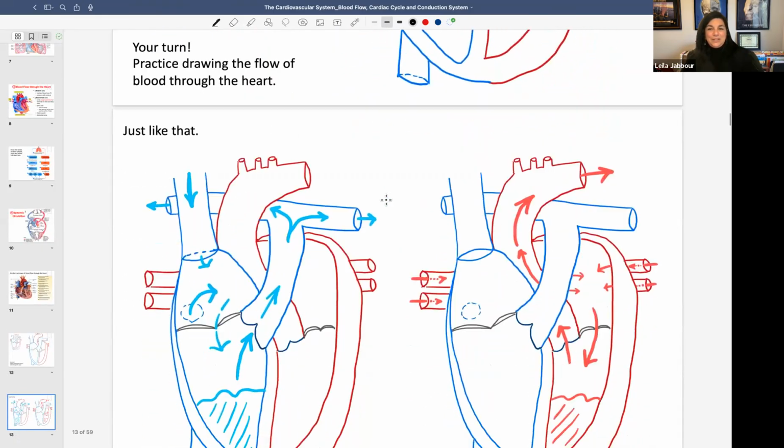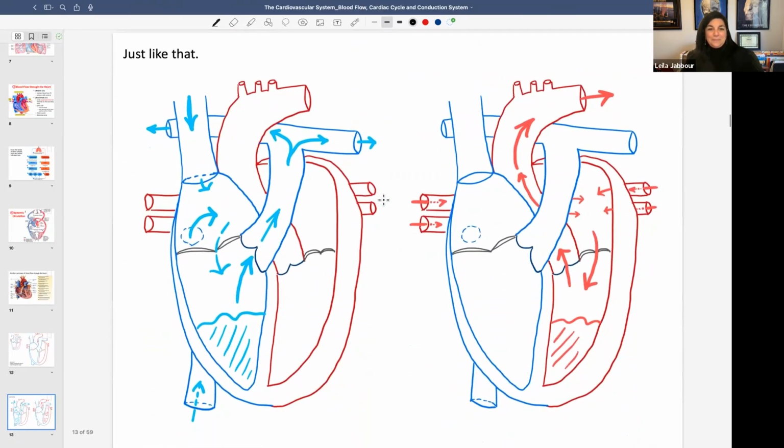All right, so that's my way of showing you how you can draw this flow and just make sure you know it. Deoxygenated blood on the right and oxygenated blood on the left.